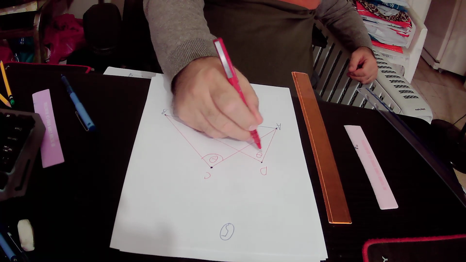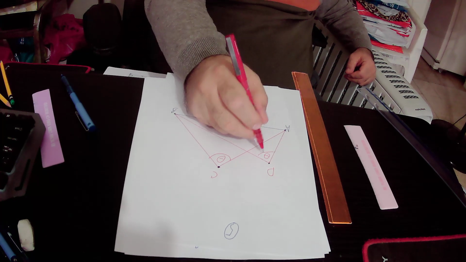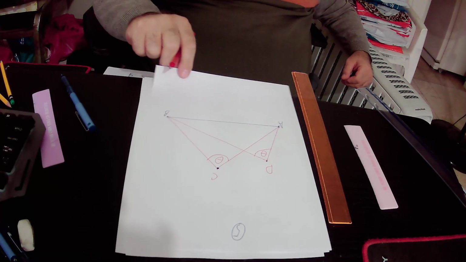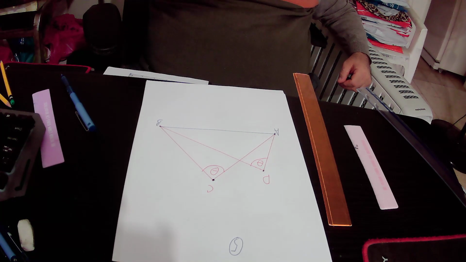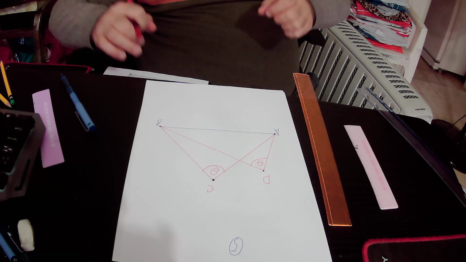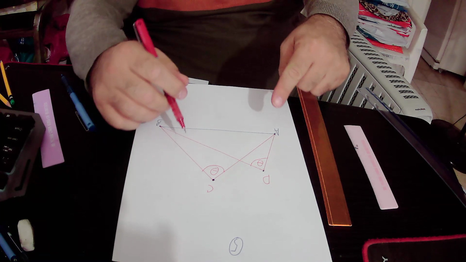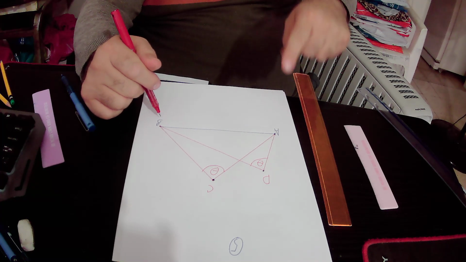So those two equal angles both subtend on the same line segment AB. Okay, so this is the reality, that we have two equal angles that both subtend on the same line segment AB.